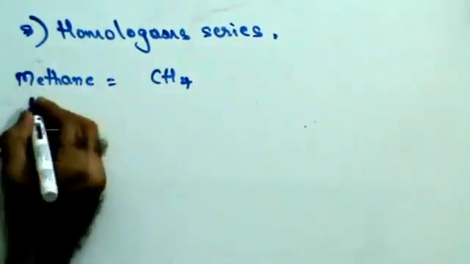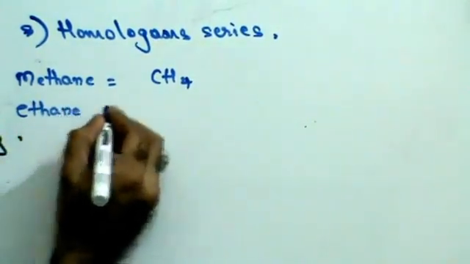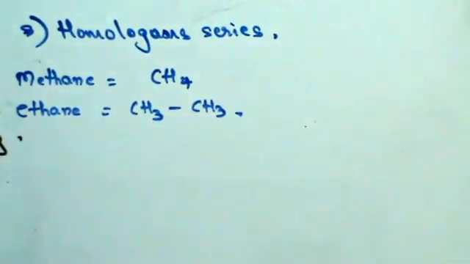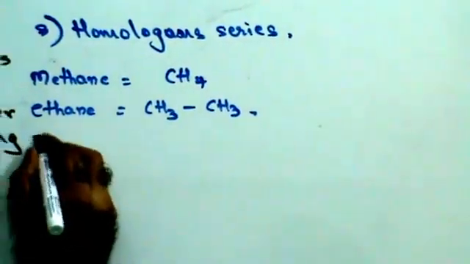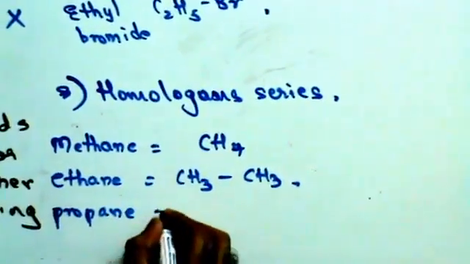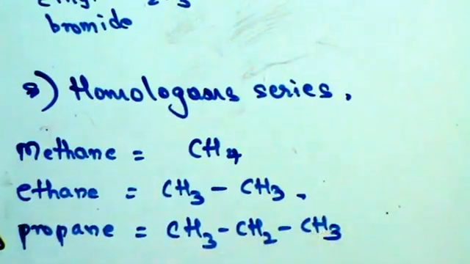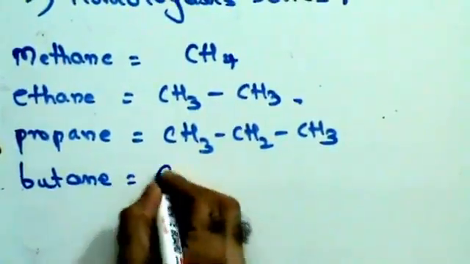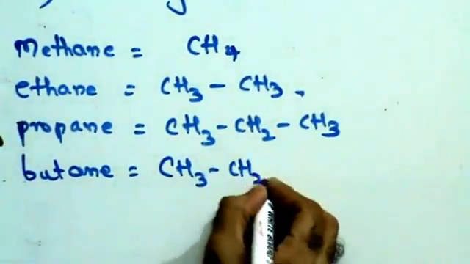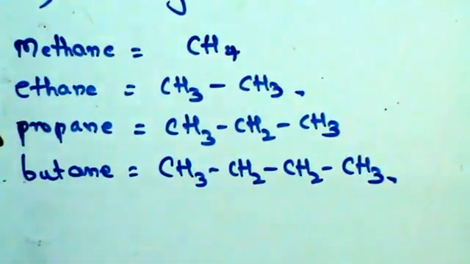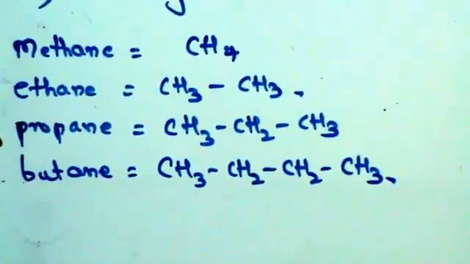Let's consider ethane, CH3CH3; propane, CH3CH2CH3; butane, CH3CH2CH2CH3. Similarly, I would go on. Pentane would be CH3CH2CH2CH2CH3.